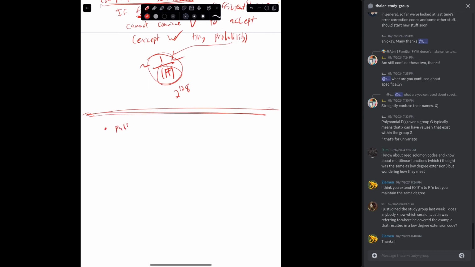There's something called public coin interactive proofs, versus, if you're not public coin, what people call private coin. In public coin protocols, every challenge sent by the verifier is just random coin tosses by the verifier, which in practice tends to mean uniform random field elements or something like that.